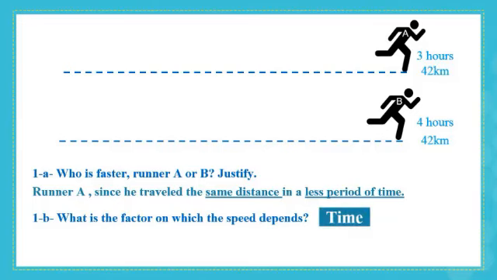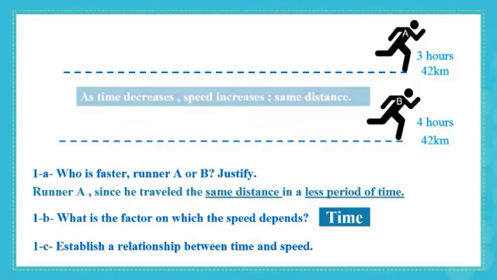Time. Let's establish a relationship between time and speed. As time decreases, speed increases under the condition of covering same distance. In the same marathon, runner C traveled 35 kilometers in 3 hours.